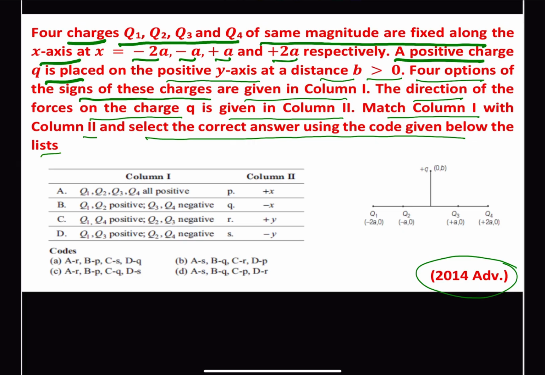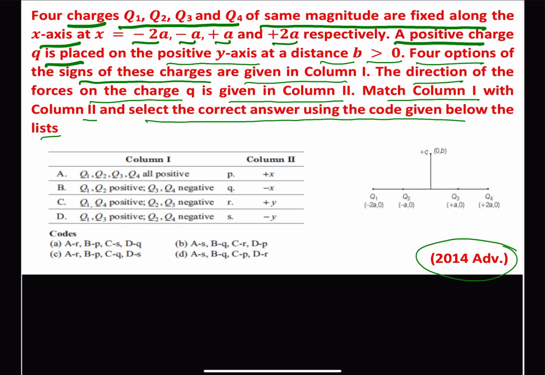So we are given that Q1, Q2, Q3 and Q4 are the charges which are fixed at -2a, -a, +a and +2a, and the charge plus Q is fixed at a position b, and we have to find out the force based on the given options. So the first option states that Q1, Q2, Q3 are all positive. We are only interested in their directions, not in magnitude.